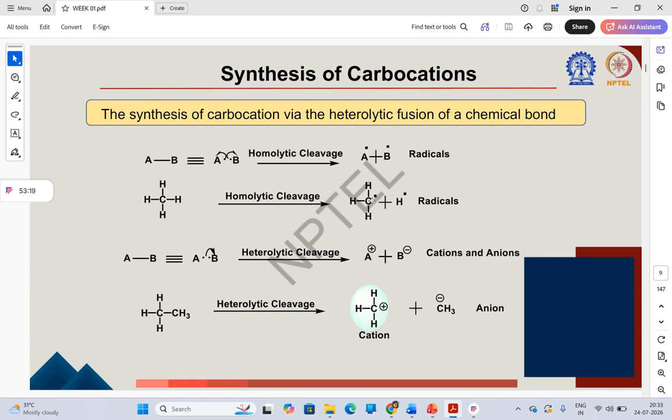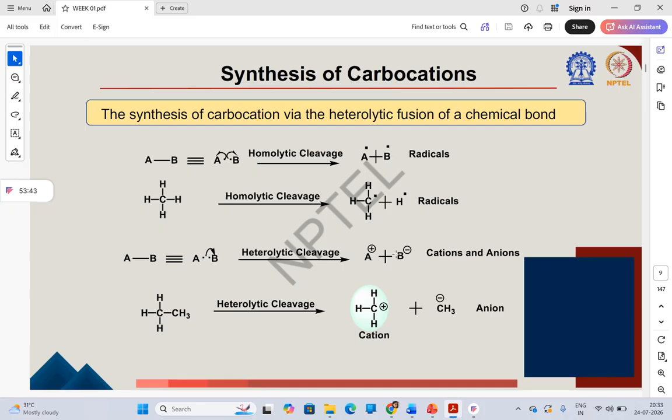Now, heterolytic cleavage is a bond dissociation where one electronegative atom pulls the pair of electrons towards itself. So if this bond is getting broken, and B is more electronegative than A, it will pull both electrons towards itself. That is heterolytic cleavage.